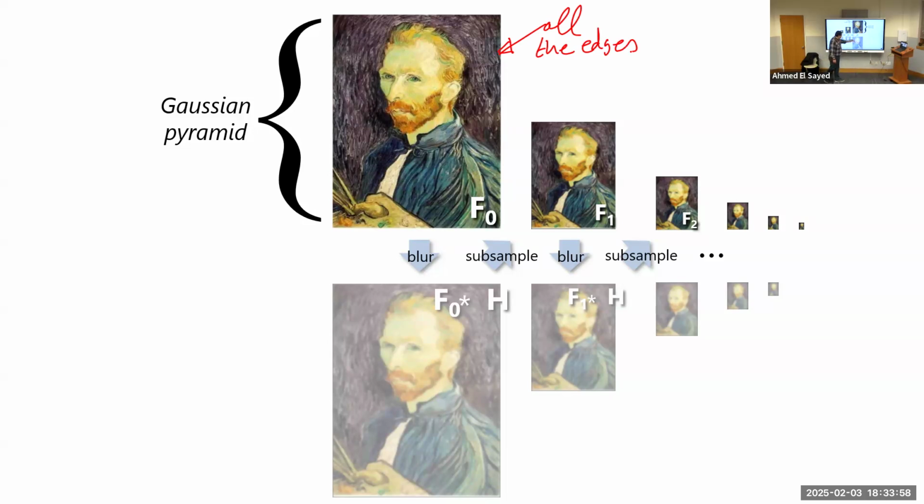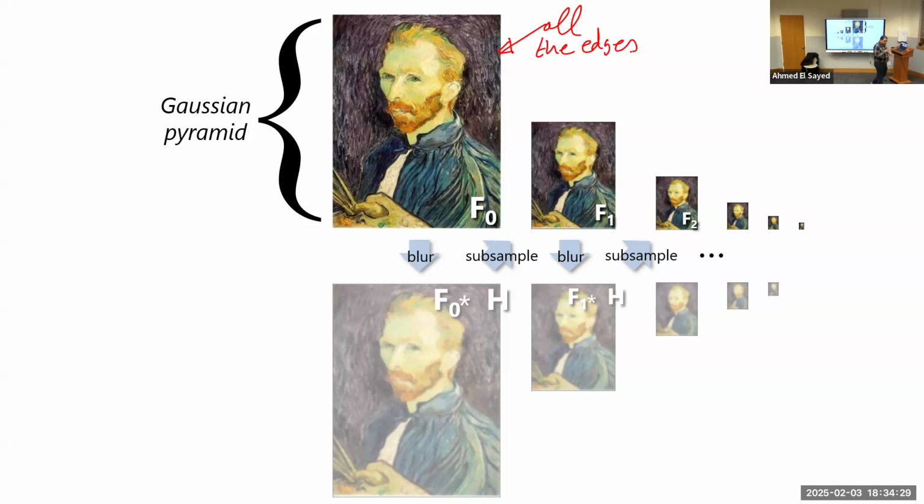So blur, sample, blur, sample, until we arrive at the pyramid. It's a multi-scale version of the image that we can use to have many sizes of the given image data.